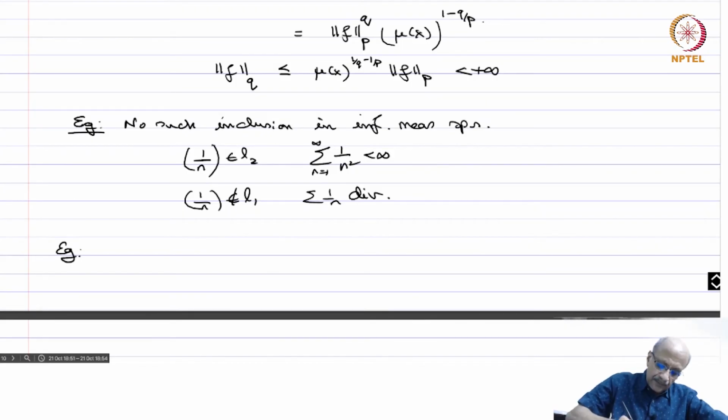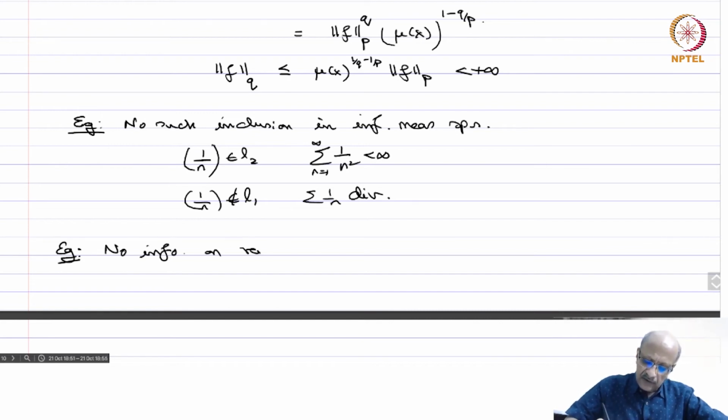Example again. No information on reverse inclusions, even in finite measure spaces.